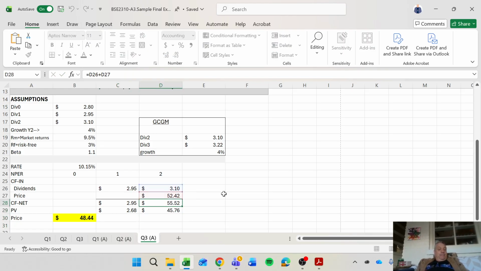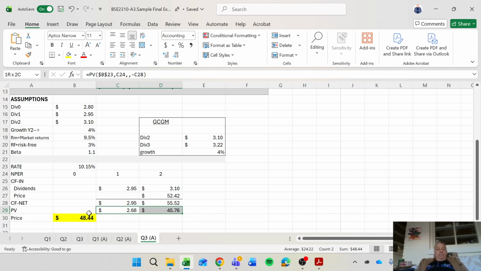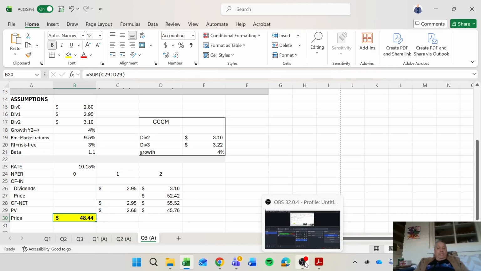And then the combined $55.52 you would get at the second year, which we know is the combination of the future sale price and the dividends, would be calculated by the 10.15% expected rate of return 2 periods away. And again, we always flip the sign on that cash flow net so that the function will show it as a positive for us, so that we can add those up and then say the maximum you would be willing to pay for the stock above would be $48.44.